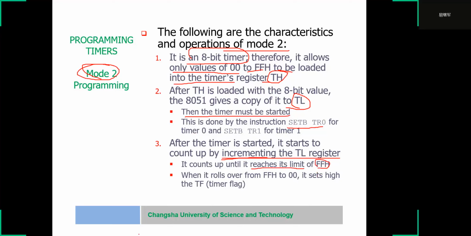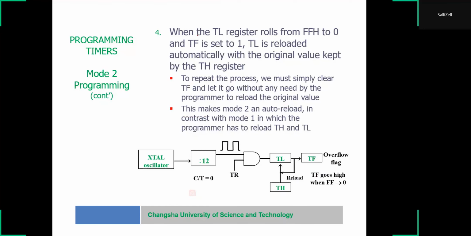When it rolls over from FF to 0, it sets high the timer flag TF. When TF is set to 1, TL is reloaded automatically with the original value held by the TH register.